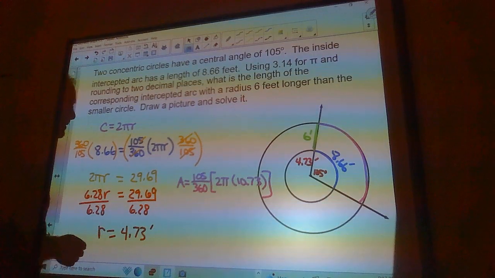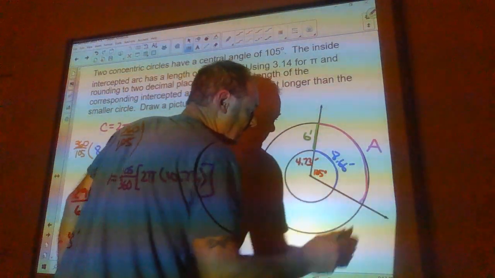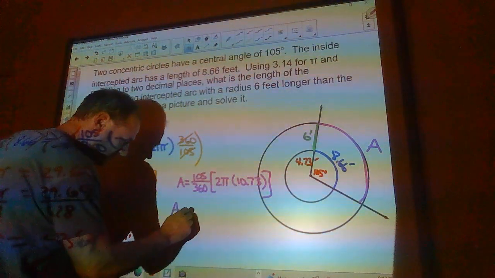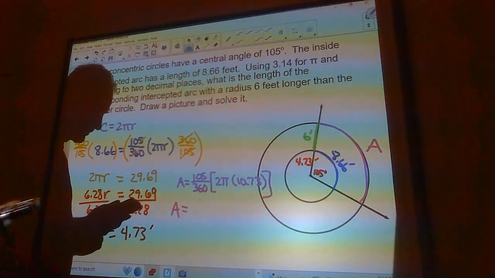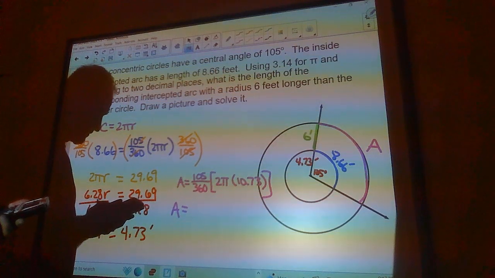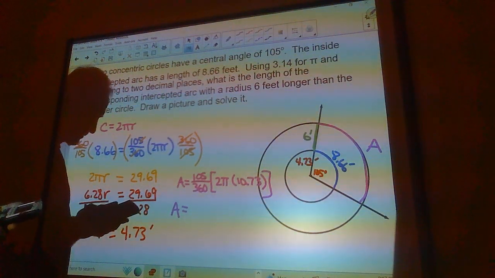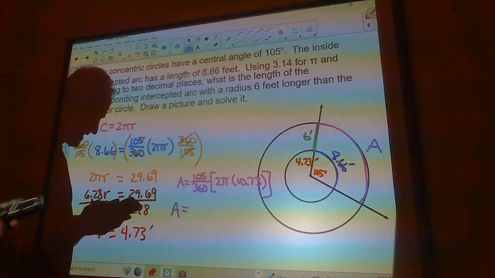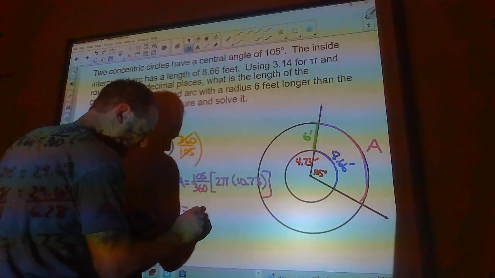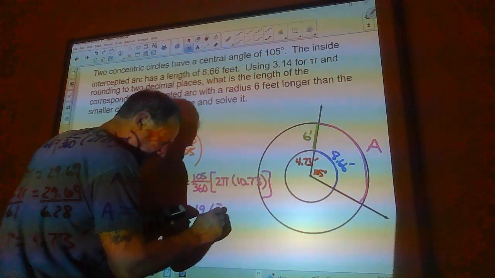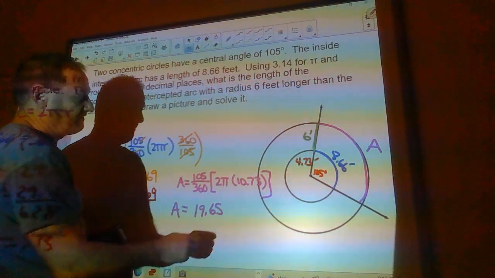So 105 divided by 360 times 2 times 3.14 times 10.73 comes out to be 19.65, and that's in feet.